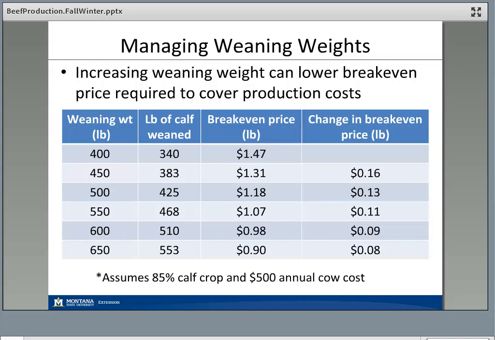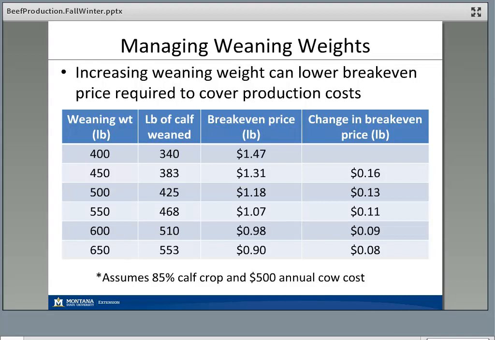So here's an example about weaning weight. Okay, so we have our producer, and he says, I think if I used an implant, I could increase pounds of calf weaned exposed by 10 pounds, and it would only cost me $2. Okay, what's the new break even? So we had $550 cow cost before, now we have $552.